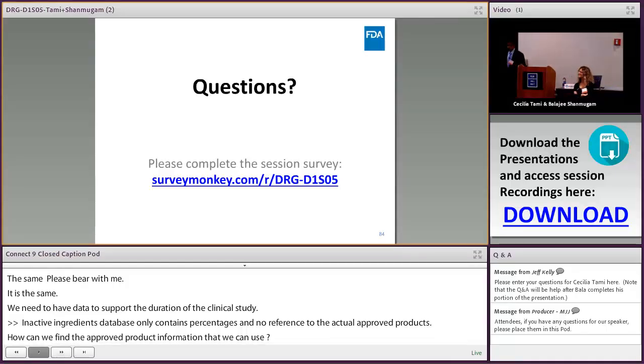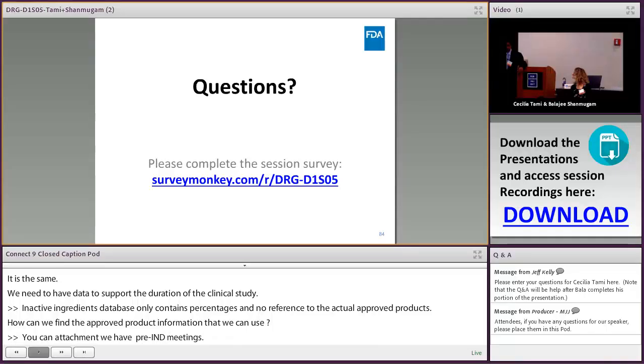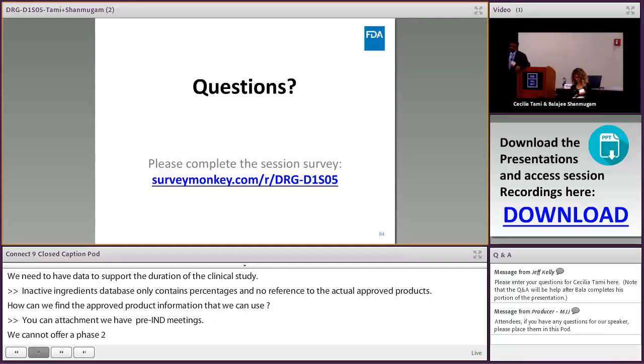We have pre-IND meetings that you can always request. We may not be able to offer a face-to-face meeting as much as we like to do that, but we do have a WRO, which is, anybody take a guess what it is? Written only responses. That's FDA language. Written only responses. That's very quick, and we should be able to turn around those responses right away.